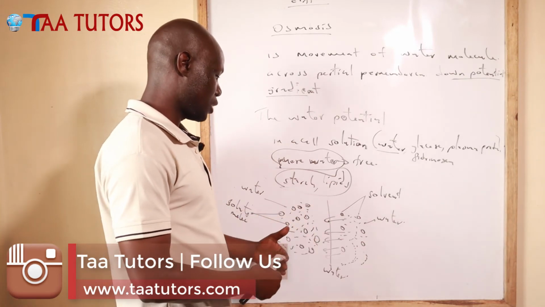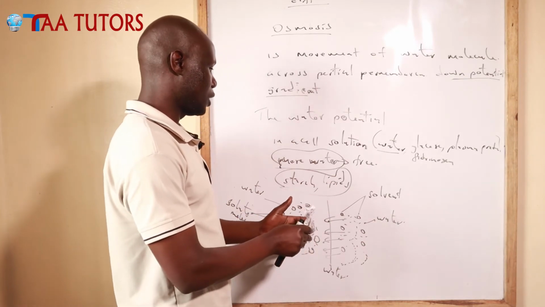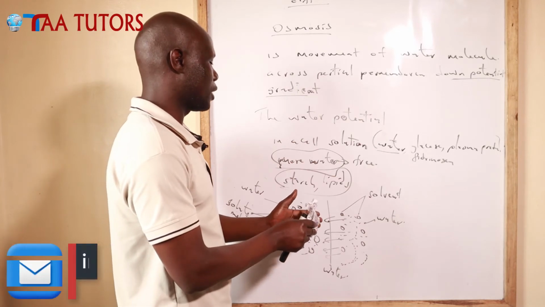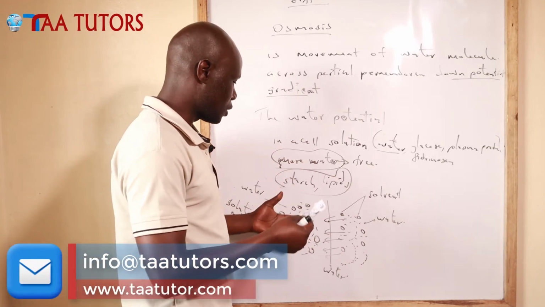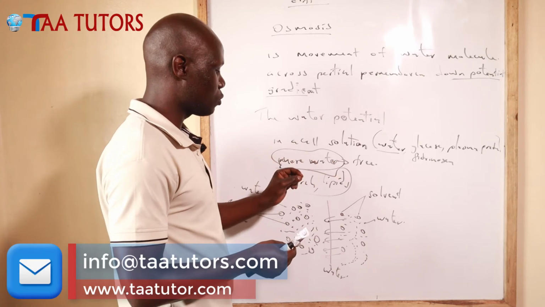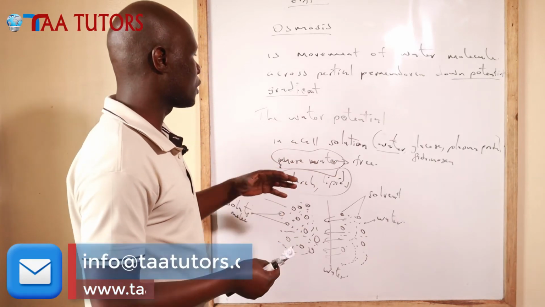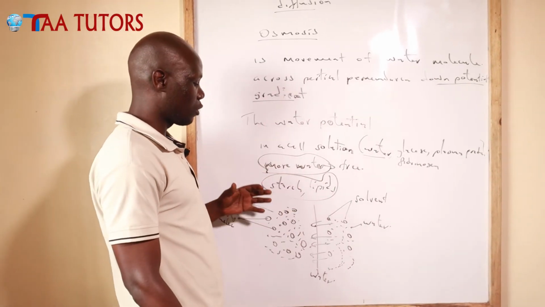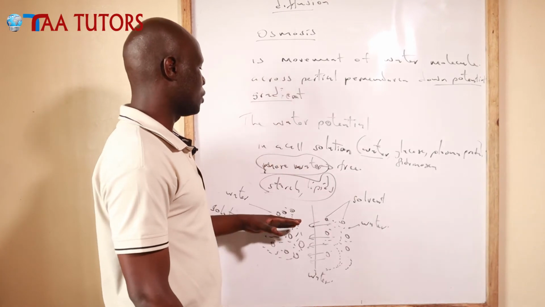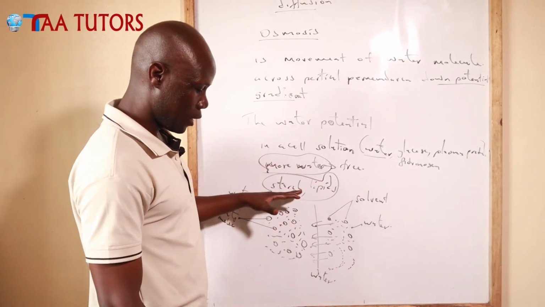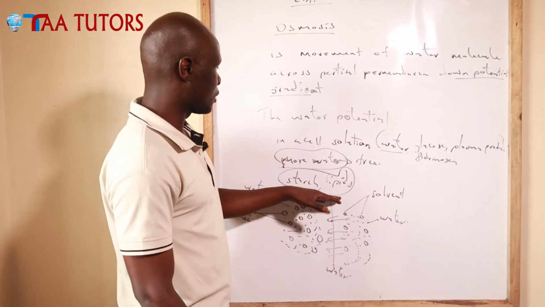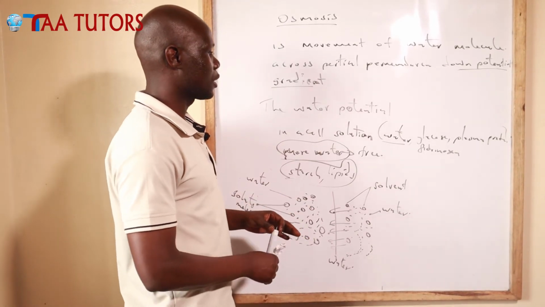Or the cells can lose a lot of water until they shrink. The shape can change, and then the activities of the cells can stop. So it has to be regulated so that the cells remain alive and keep functioning as required. So this osmosis should really be regulated in the cells.